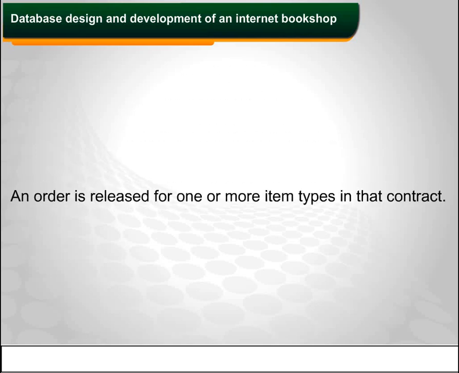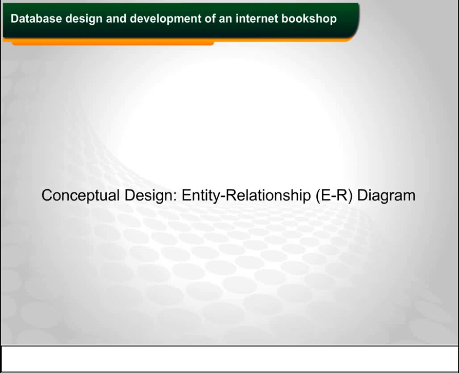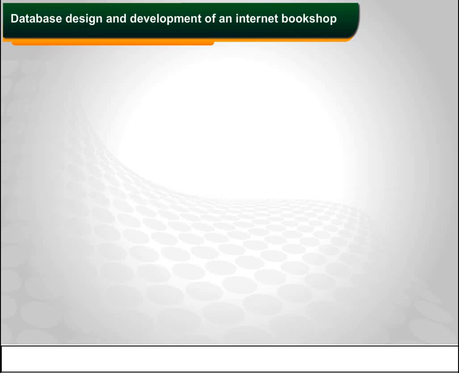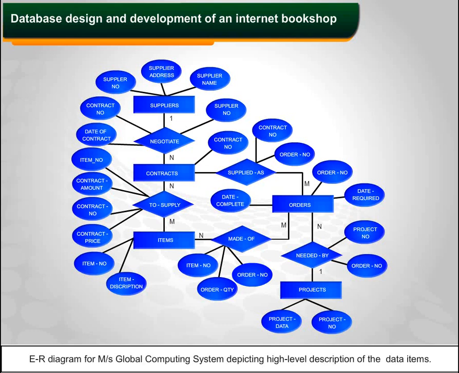An order is released for one or more item types in that contract. Conceptual design, entity relationship ER diagram. ER diagram for Microsoft Global Computing System depicting a high-level description of the data items.